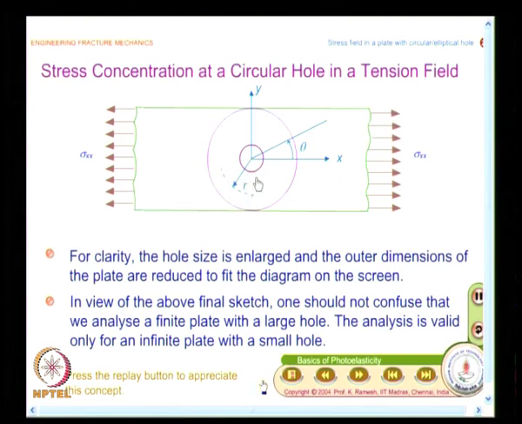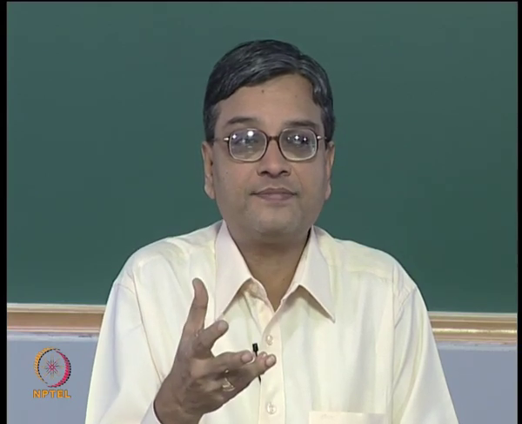And why do we take up this in polar coordinates? I have the circular hole and I also have the outer boundary as a circle. It is convenient for me to specify the boundary condition if I look at the problem in polar coordinates. And this is what I mentioned, when people wanted to solve for the problem of an elliptical hole, they needed to develop the elliptic coordinate system, because they have to specify the boundary condition on the boundary of the elliptical hole.